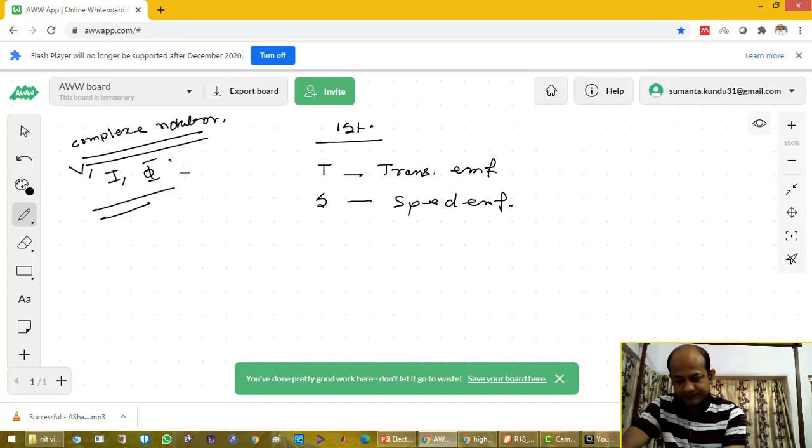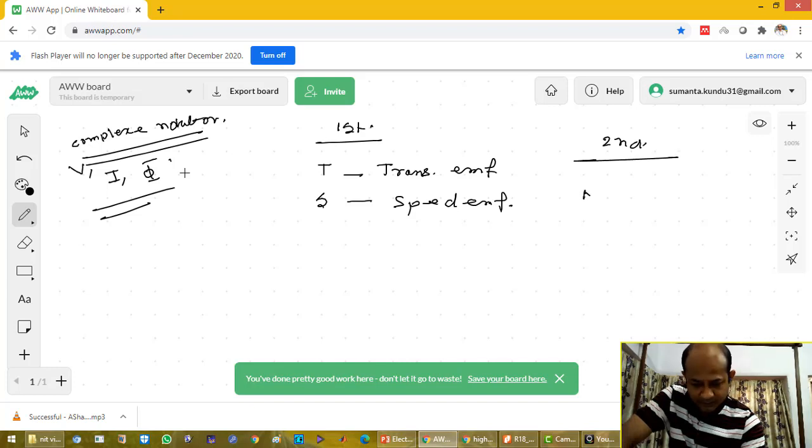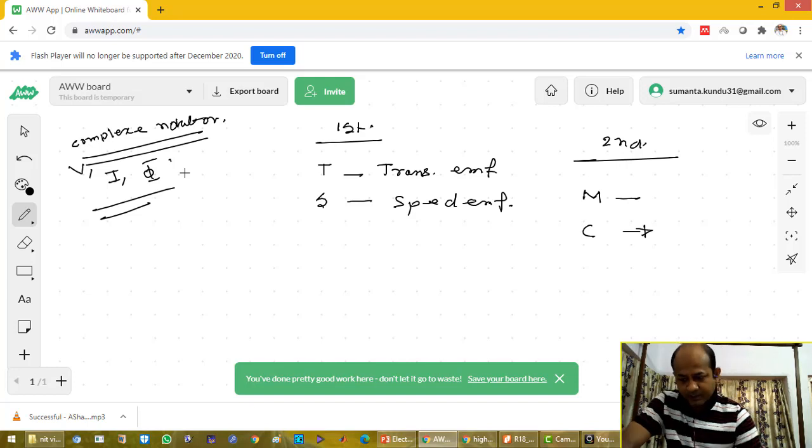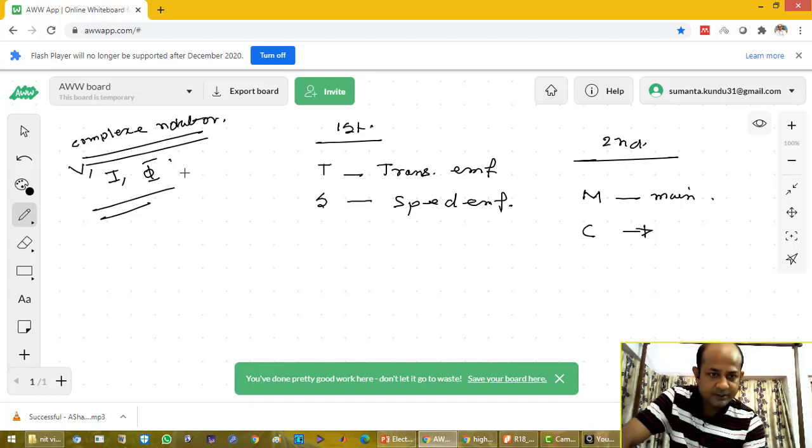Second, remember M and C: M stands for main axis and C stands for cross axis flux.